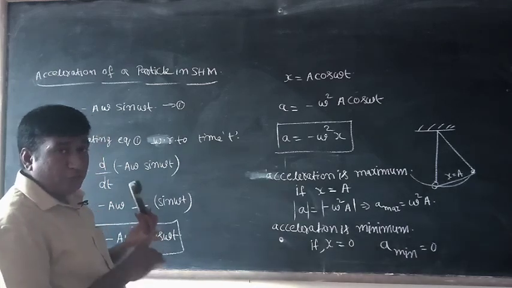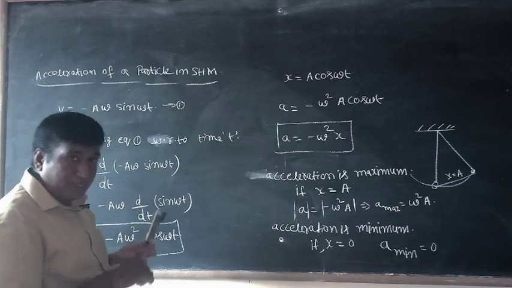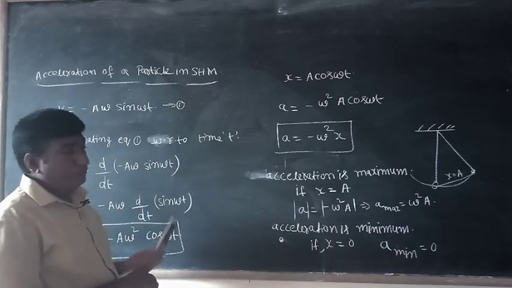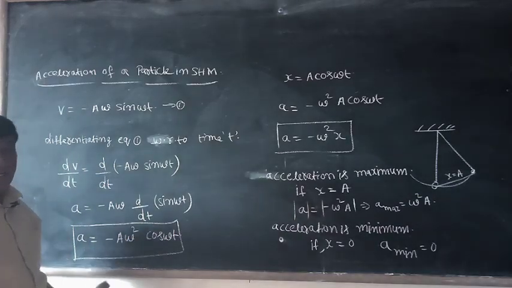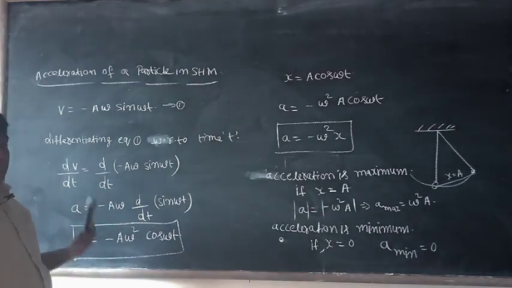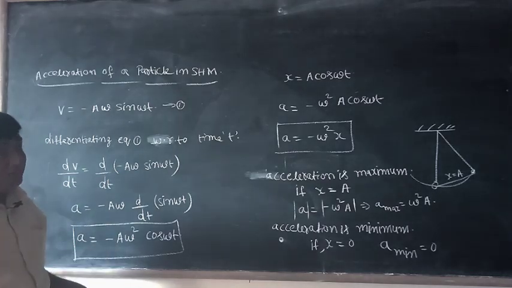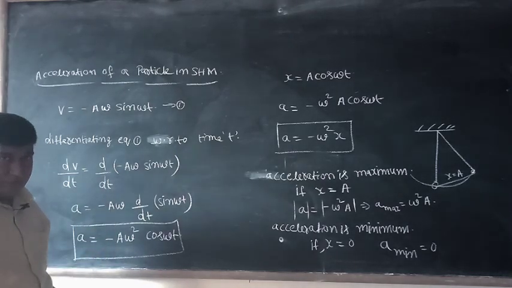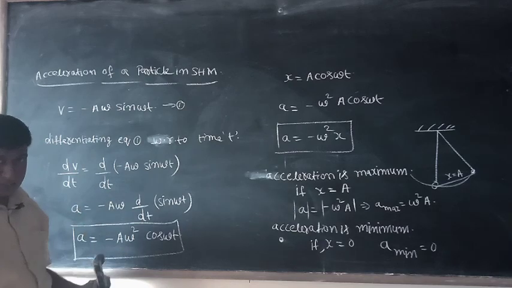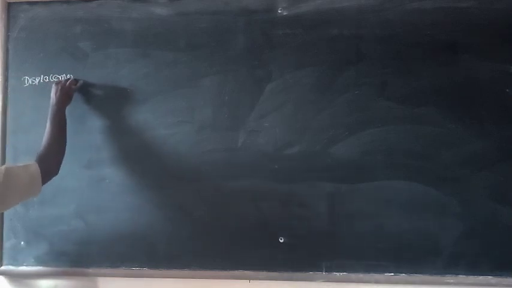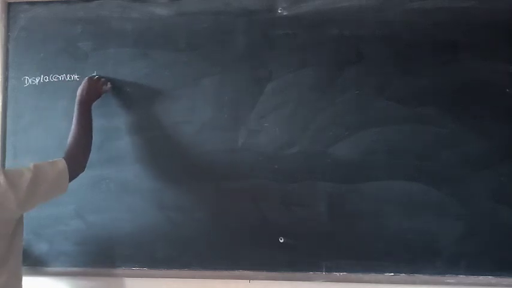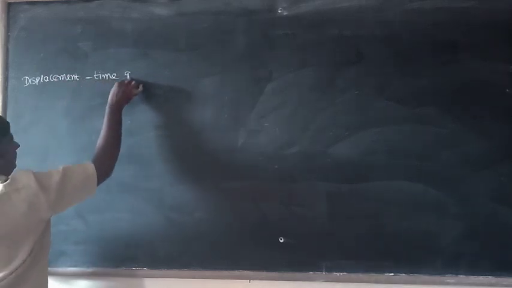Based on these three equations, we can draw the displacement-time graph, velocity-time graph and acceleration-time graph, which are important for 2 marks; they may ask questions on them. Okay, the first graph is the displacement-time graph.